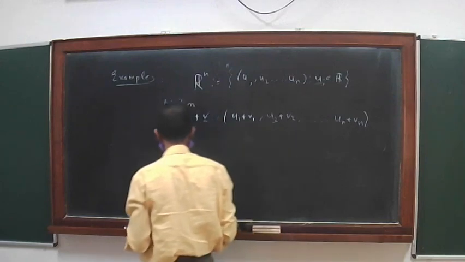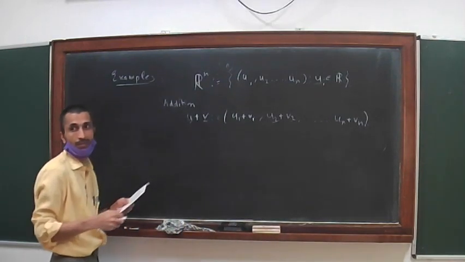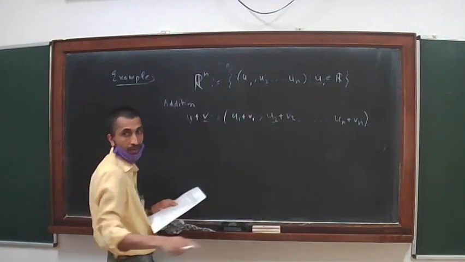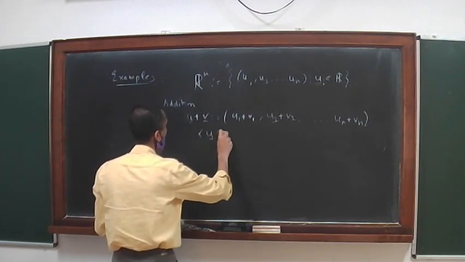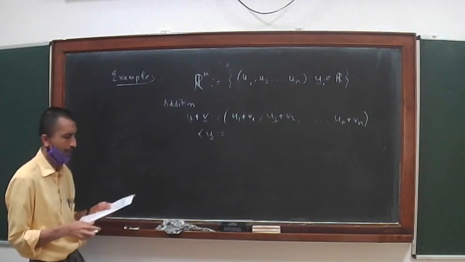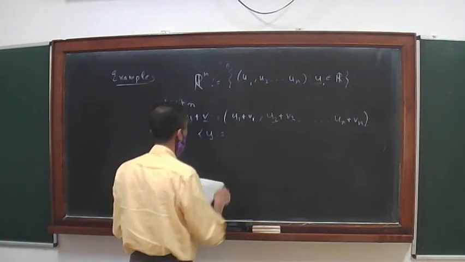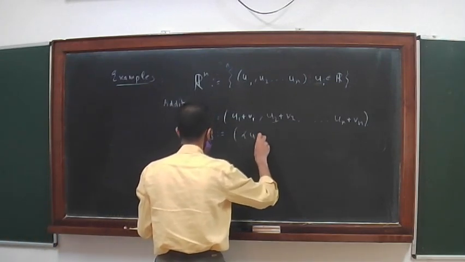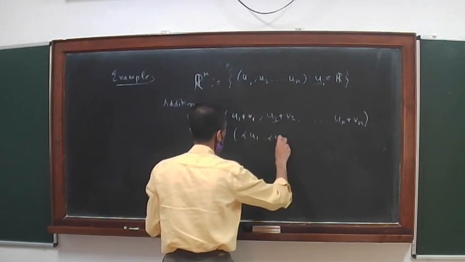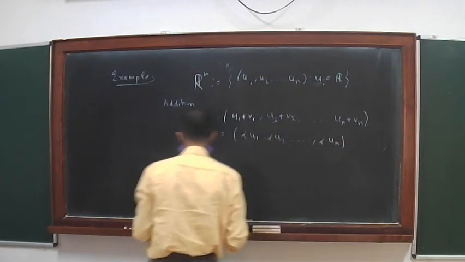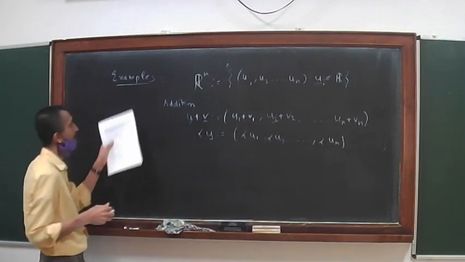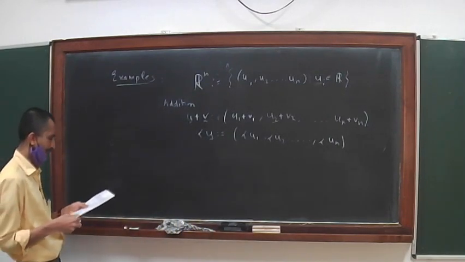Okay, so this is how we define addition, and this alpha u, this is how we define the scalar multiplication. So alpha u is equal to alpha u1, alpha u2, and so on up to alpha un. Okay, so this is one example of a vector space.